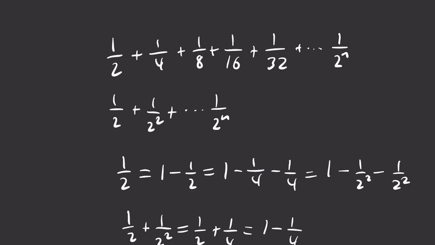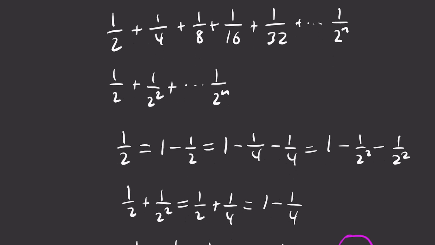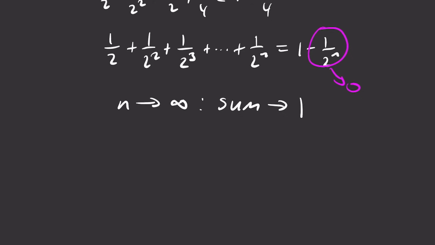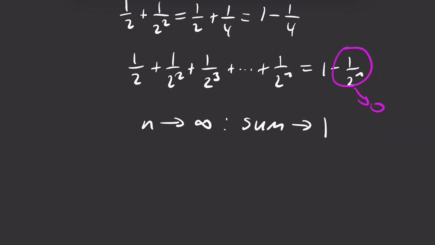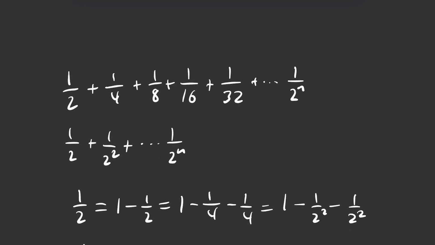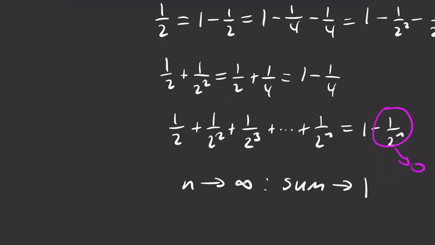It's doing a very discrete process and looking at where it leads you in the limit as something approaches something. And I use a new word here, limit. So what I'm actually doing here is taking the limit as n approaches infinity.